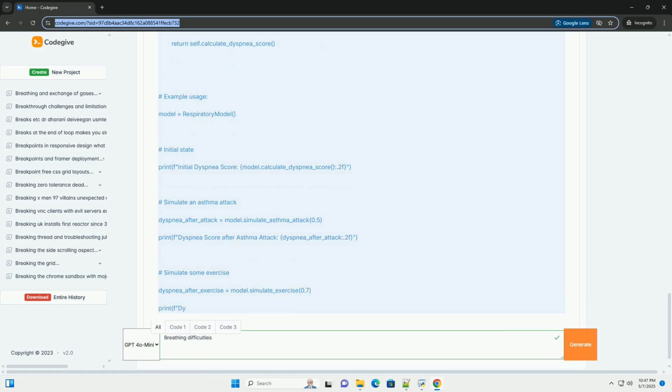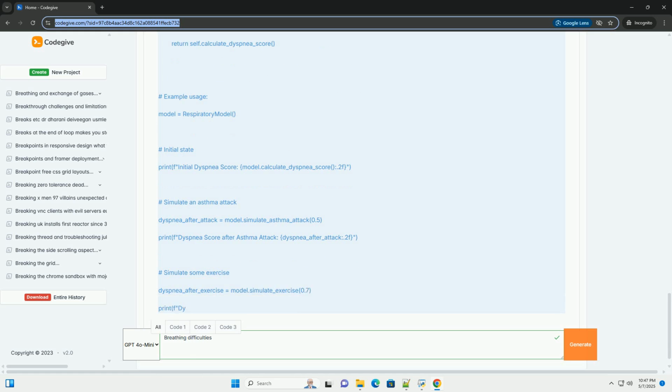Metabolic acidosis: acid buildup in the blood, triggering increased respiratory rate to blow off carbon dioxide. Sepsis: severe infection that can lead to respiratory distress. Allergic reactions, anaphylaxis: severe allergic reactions can cause airway swelling and breathing difficulties.